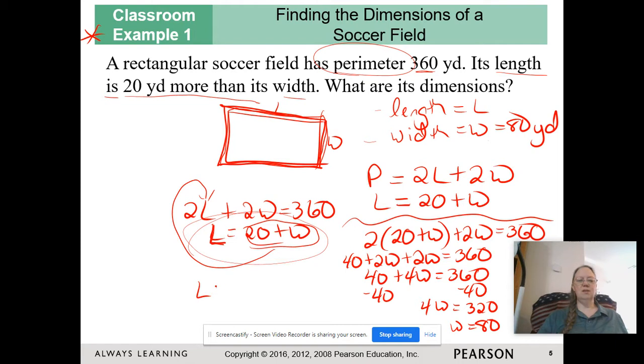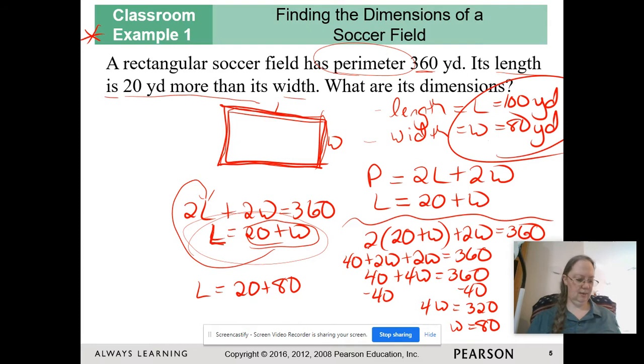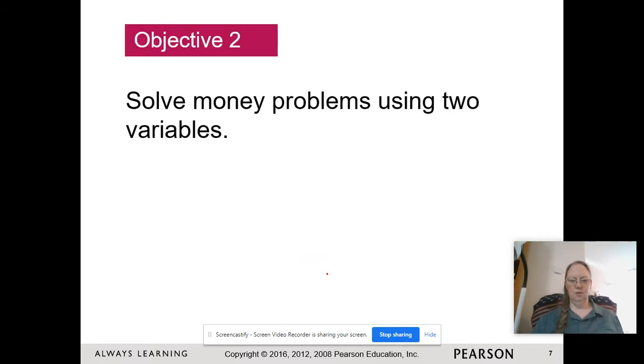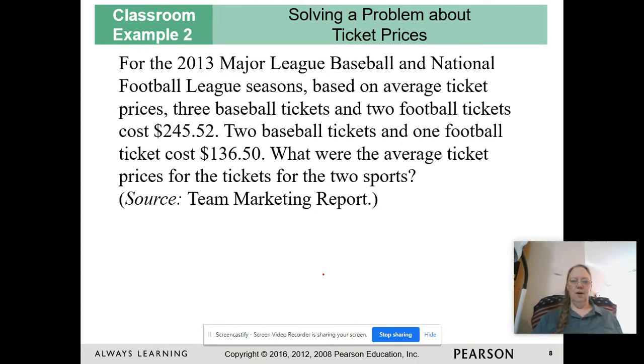So L is equal to 20 plus my W, which is 80. And so I end up with 100 yards. I always kind of liked these problems because they are pretty straightforward. It's pretty easy to find the equations.